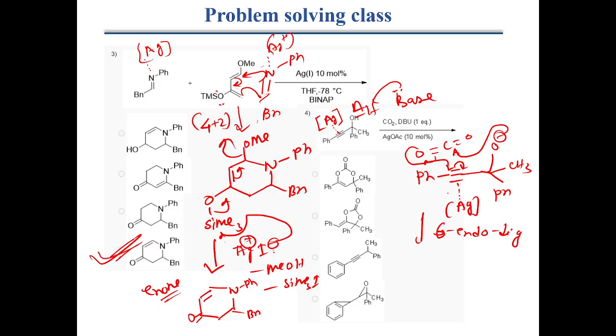It can react under 6-endo-dig or it can react under 5-exo-dig. So if it reacts with the 6-endo-dig, what will form?